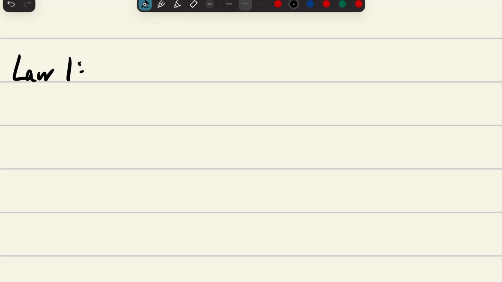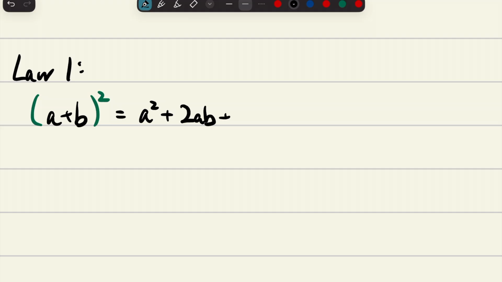So the law states that if you have bracket a plus b bracket squared, it actually equals a squared plus 2ab plus b squared.